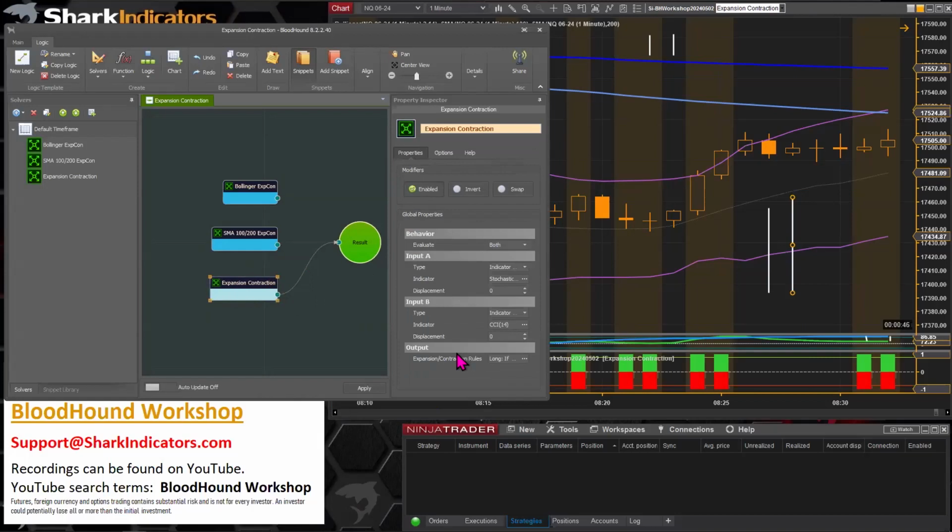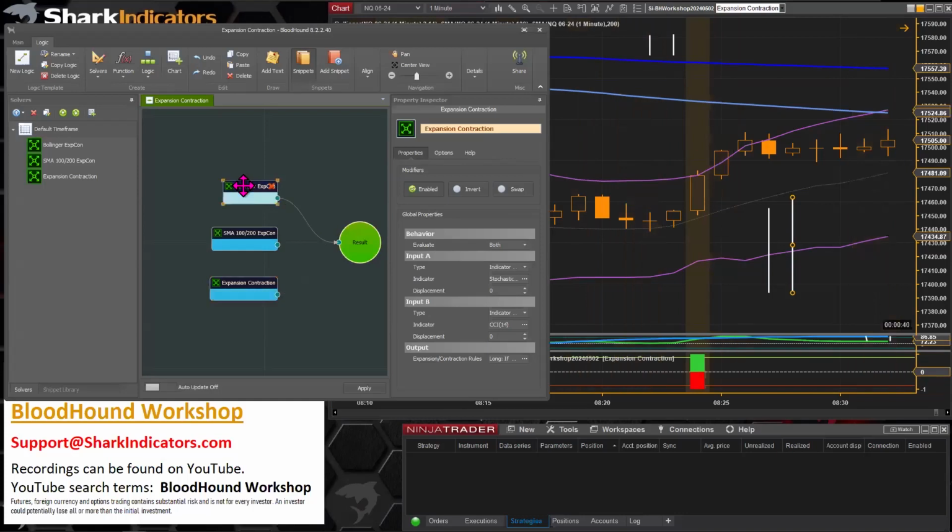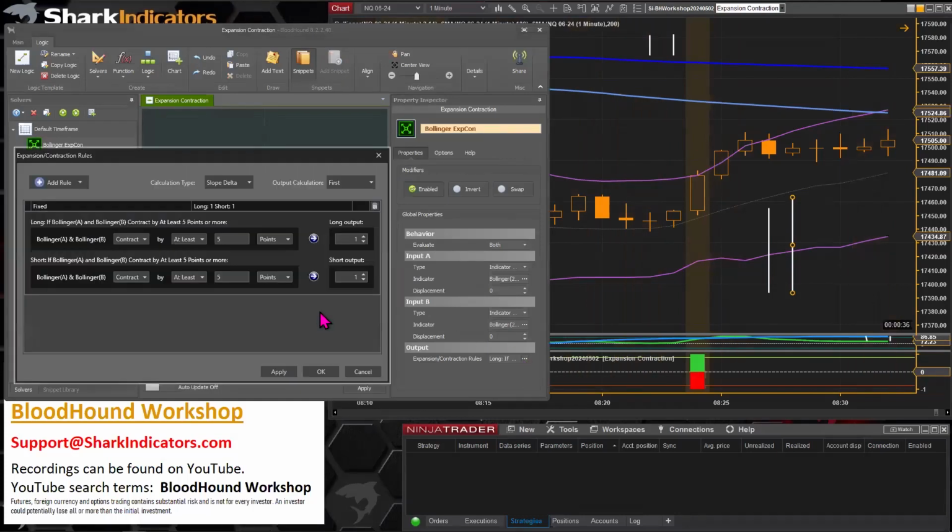Let's open this back up. Actually, let's connect the Bollinger back in here. So that's the distance delta there, delta meaning the difference between those lengths.